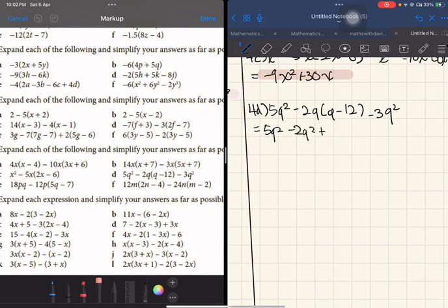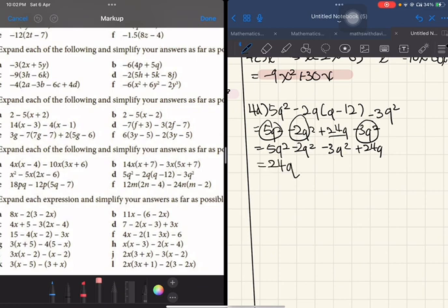Negative 2q times negative 12, you're just going to get positive 24q and then negative 3q squared here. So these are together and this is alone. So, yeah, no, wait, sorry. These are together. This is alone, okay. I'm just going to write it like this. So this is how you simplify it. You get 24q. Okay, 24q. That's our final answer.